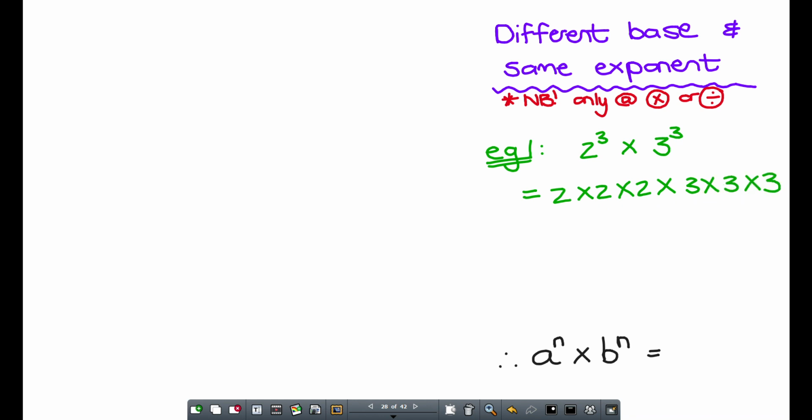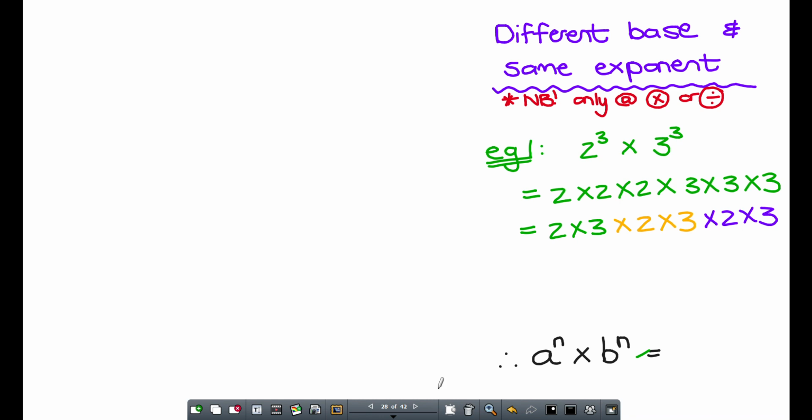Now, what I've got there, I'm just going to group it slightly differently. So I'm going to take one of the 2's and one of the 3's, and then one of the 2's, one of the 3's, and then one of the 2's, one of the 3's. So can you see I still used three 2's and three 3's? I just mixed them up a bit.